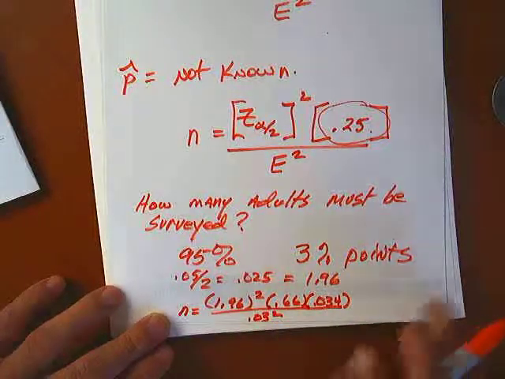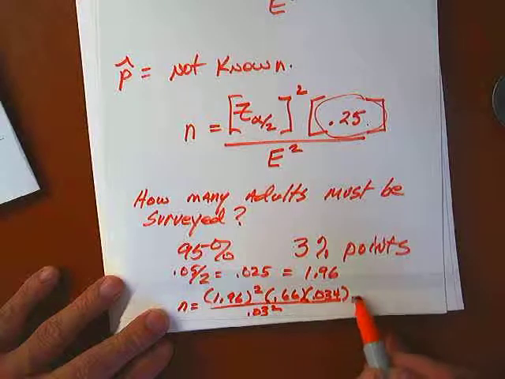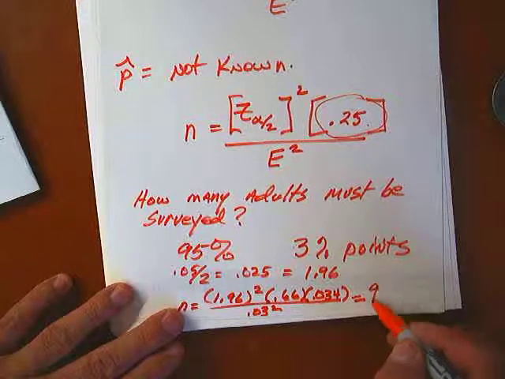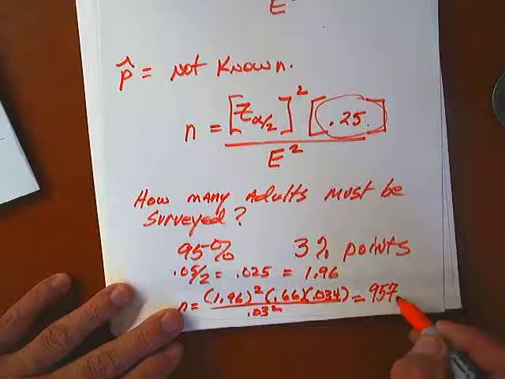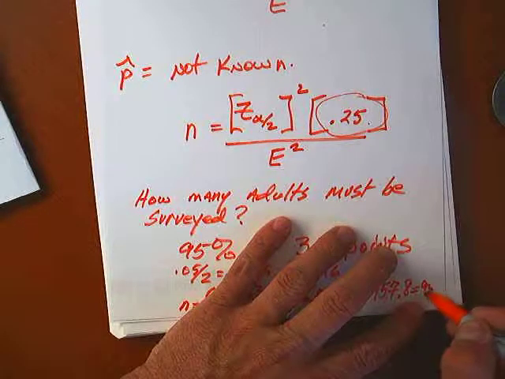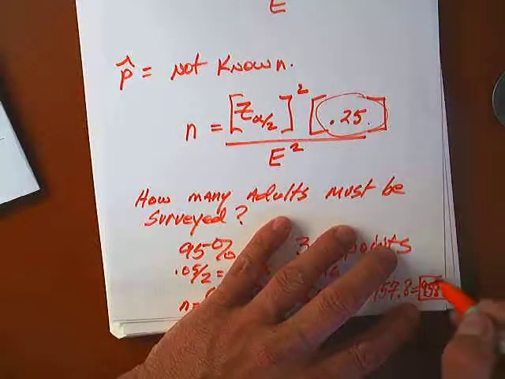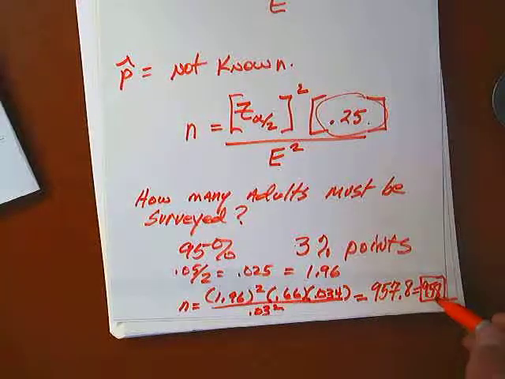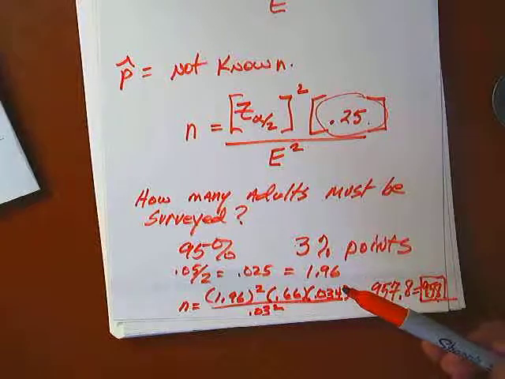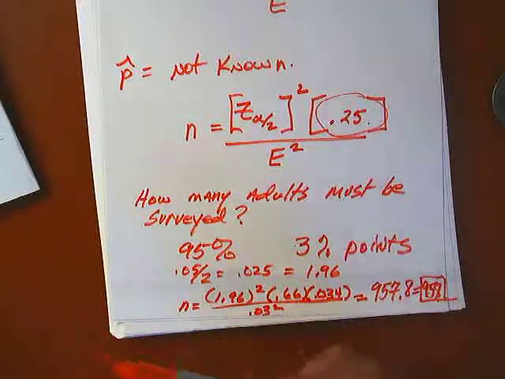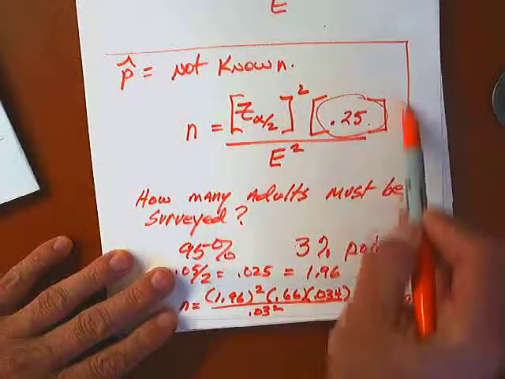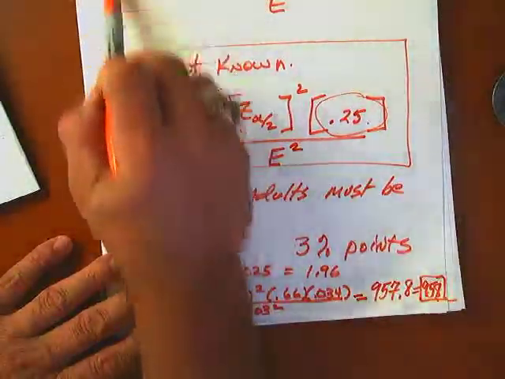So n is equal to 1.96 quantity squared times 0.66 times 0.34, and that's given in the problem, it says 66%, over 0.03 squared.